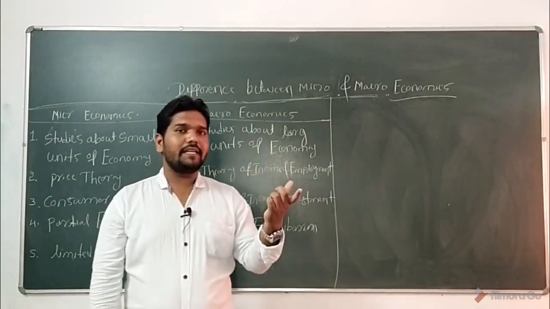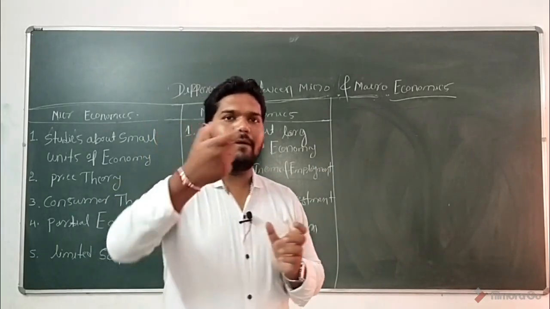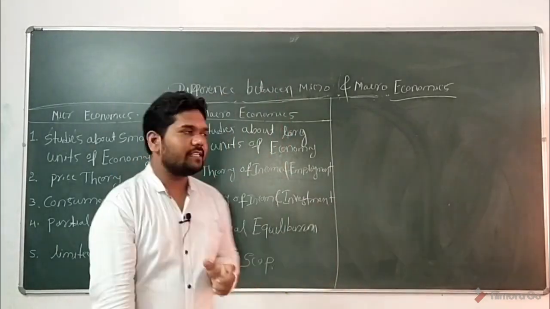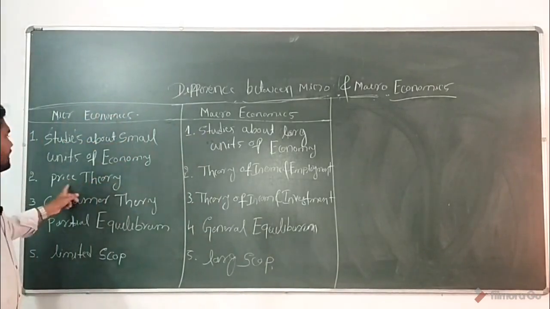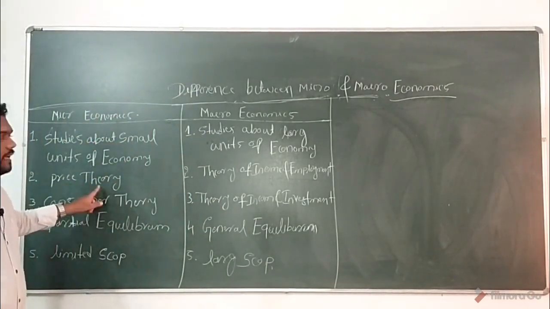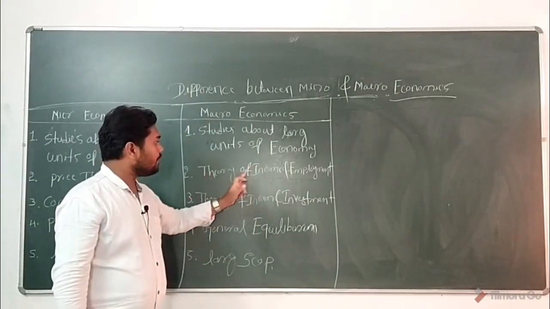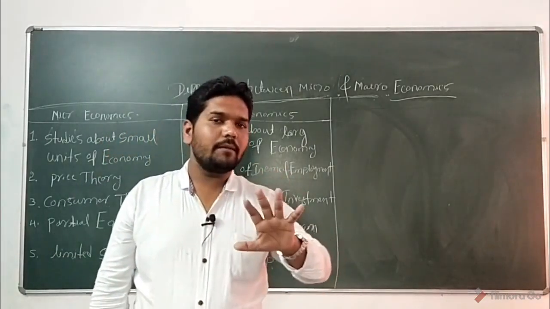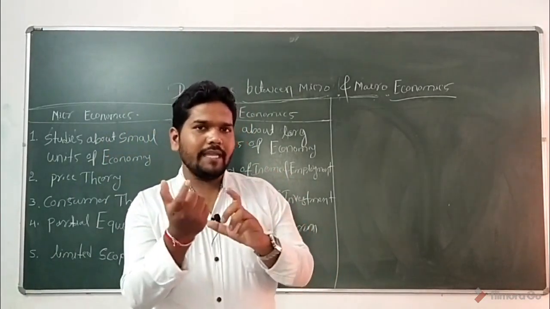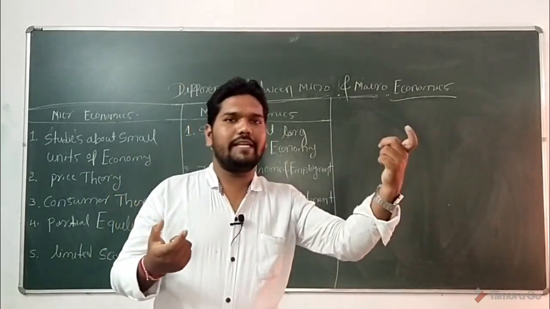Compared to income, price is a small unit. That's why it comes under microeconomics. Microeconomics analyzes price theory, and macroeconomics analyzes the theory of income and employment. Price is a small unit, income is a large unit.